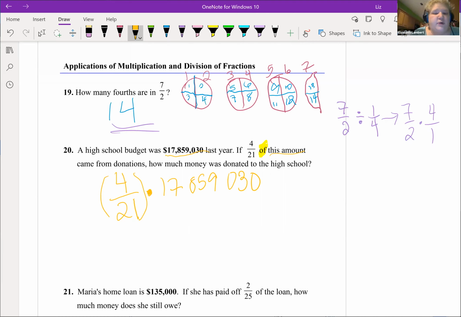So open 4 divided by 21, close, times 17,859,030. And oh, look at that, we get a pretty whole number. It's 3,401,720.